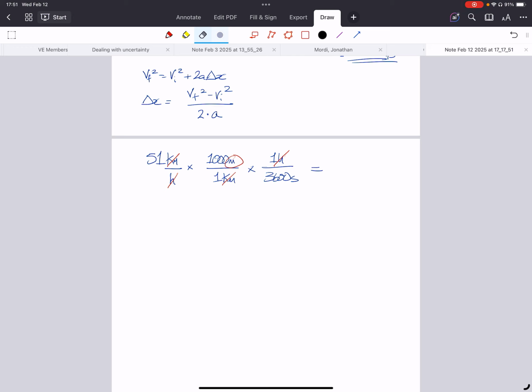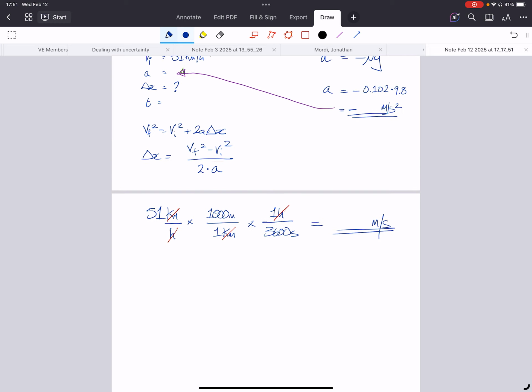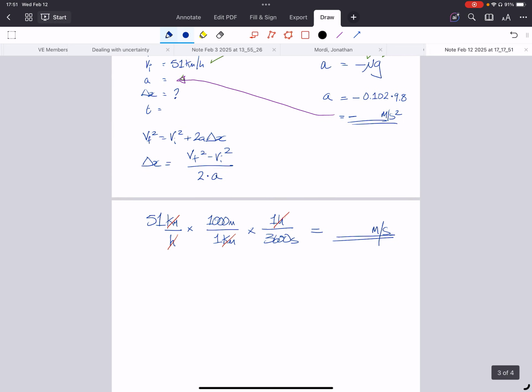That's what I wanted. So that is the correct way of multiplying by the ratios. That will give me an answer for my initial velocity in meters per second, which I can then plug in to my equation that I already developed.